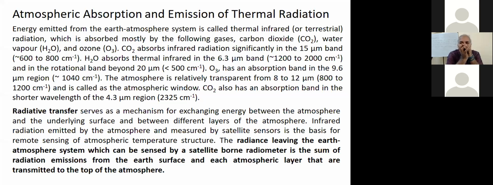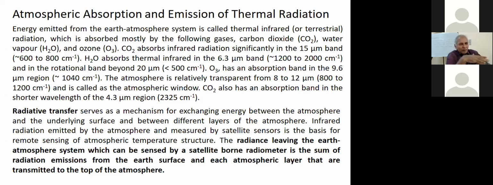So I have a radiometer in the satellite, let's say a passive radiometer. It just receives radiant energy in definite bands. The radiance at the satellite is made up of two contributions. One is the contribution by the Earth's surface.